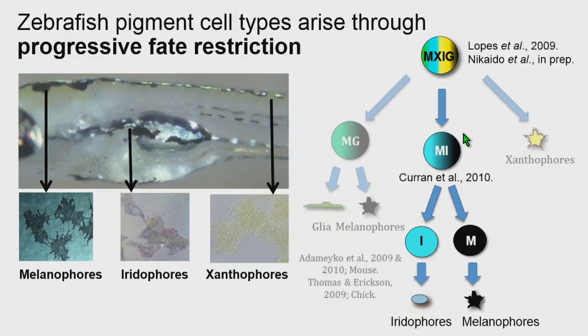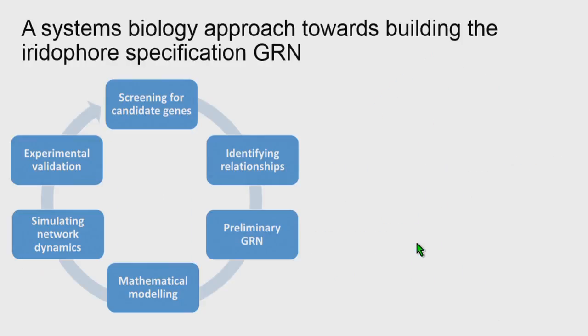Currently in zebrafish, only the bipotent cell melanoiridoblast has been characterized that derives after partial fate restriction process from this chromatoglioblast, and is able to give rise to both iridoblasts and melanoblasts. In this work, we're developing the gene regulatory network guiding this chromatoglioblast towards a mature iridophore fate.